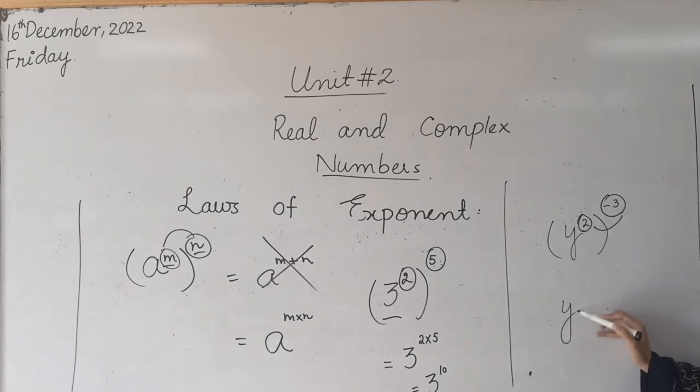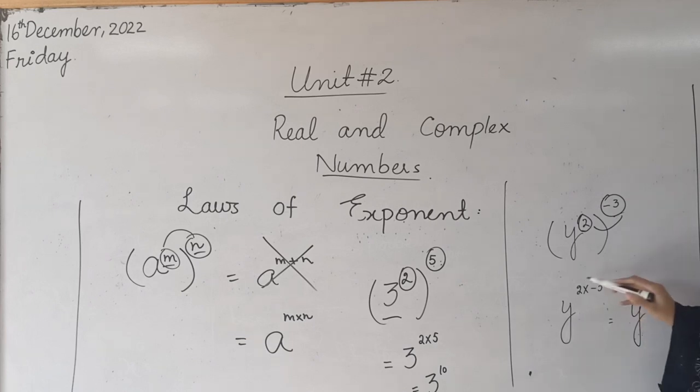For example, y raised to power 2 multiply minus 3. And what is 2 multiplied by minus 3? 2 multiplied by 3 is 6. And we have plus times minus. So y raised to power minus 6 is our answer. Okay?